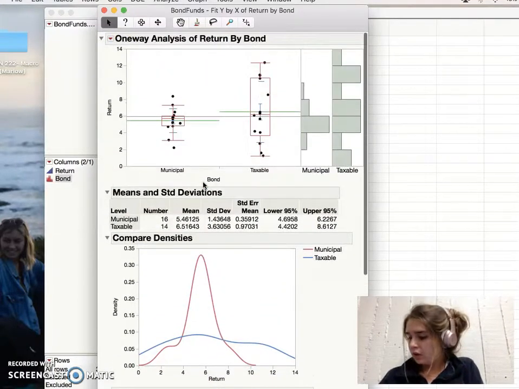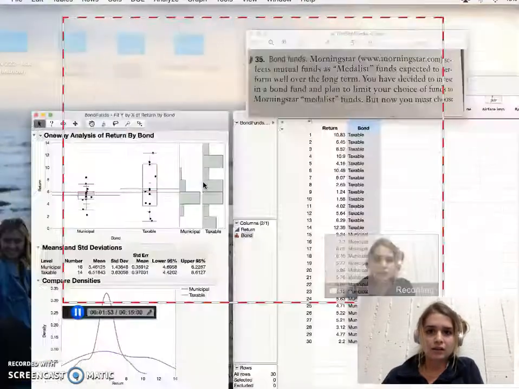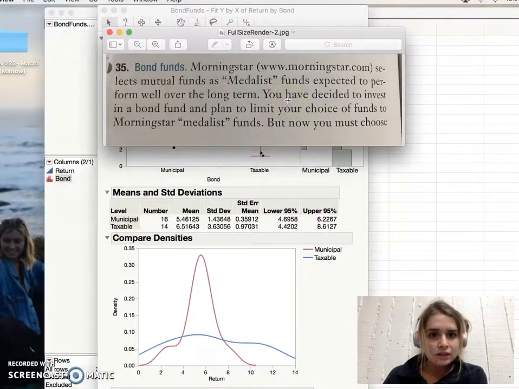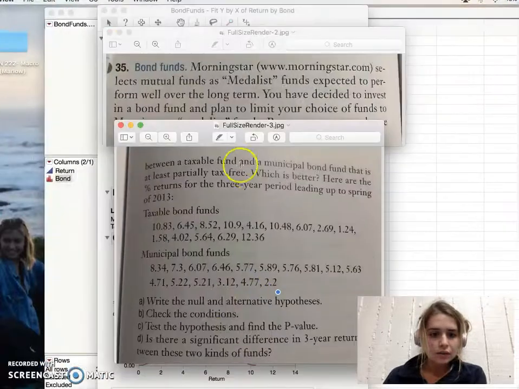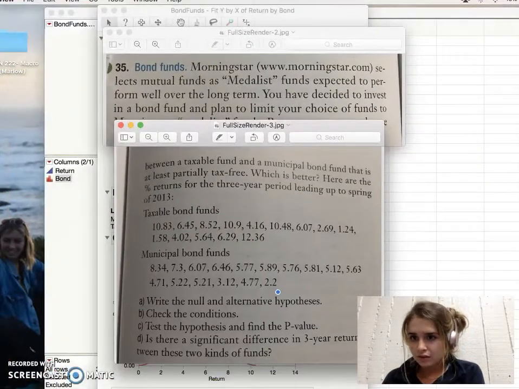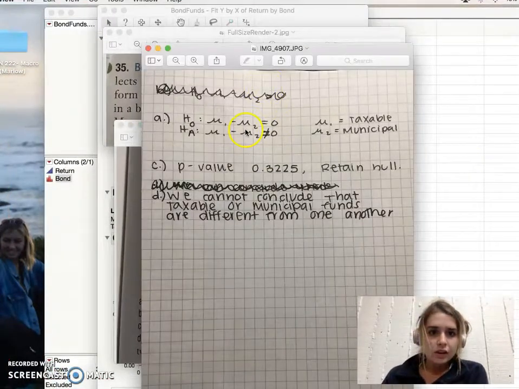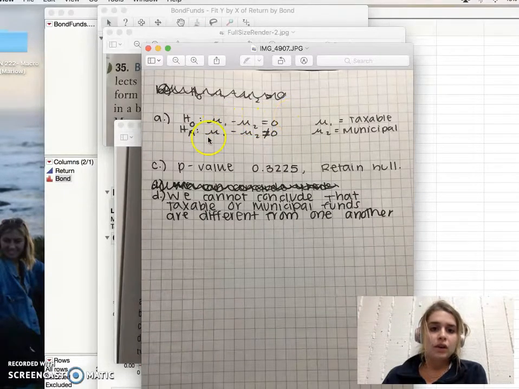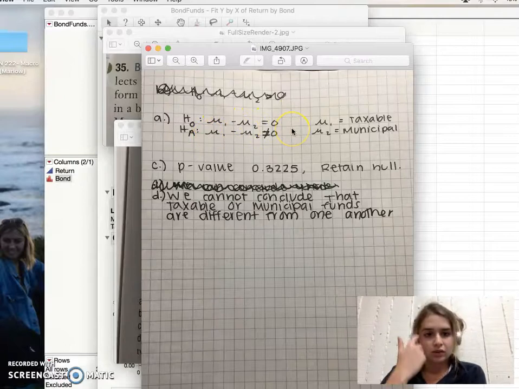Okay, so the first thing the problem asks for is to write the null and alternative hypothesis. So I have written that right here. The null is mu1 minus mu2 equals 0, and the alternative is mu1 minus mu2 doesn't equal 0.